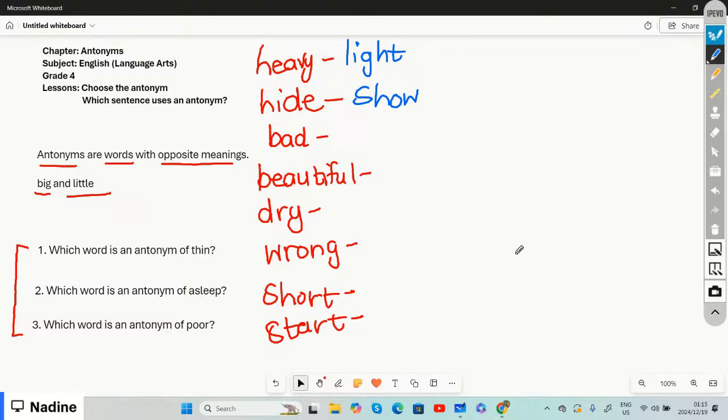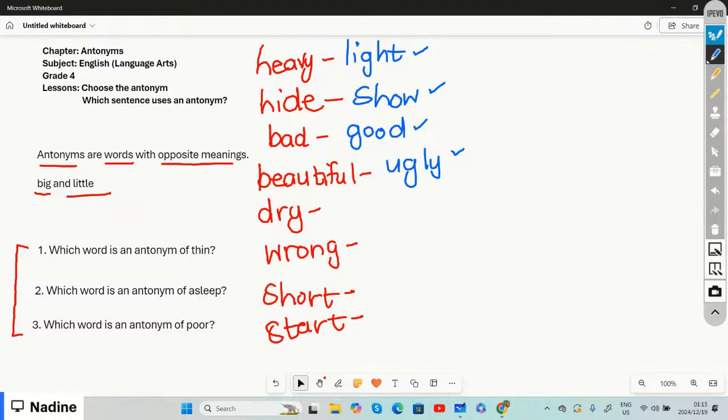The opposite of bad is good. Yes, good is correct. So well done. The opposite of beautiful, yes, it is ugly. And we're not even going to talk about appearance. Let's just talk about beauty or ugliness in behavior and attitude.